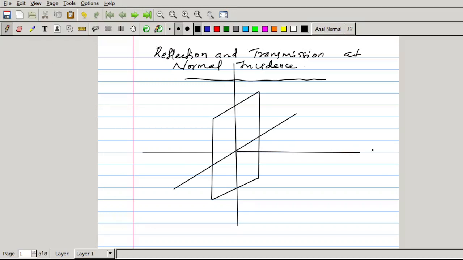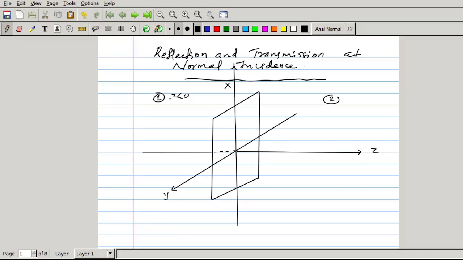This one is z direction, this direction is x direction, and this direction is y direction. This is the first dielectric medium, z less than 0.